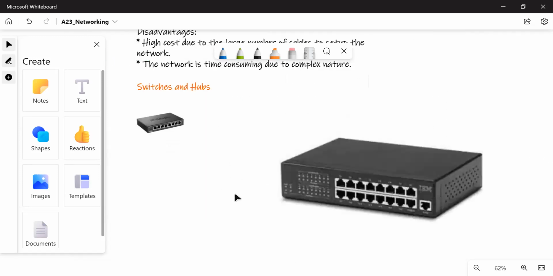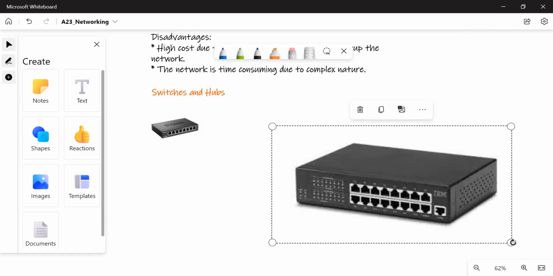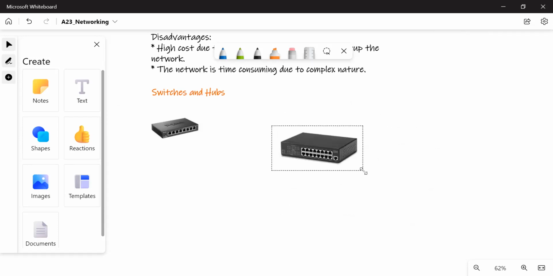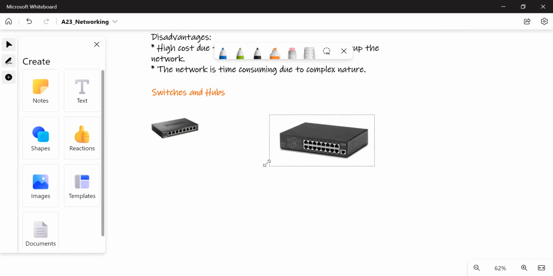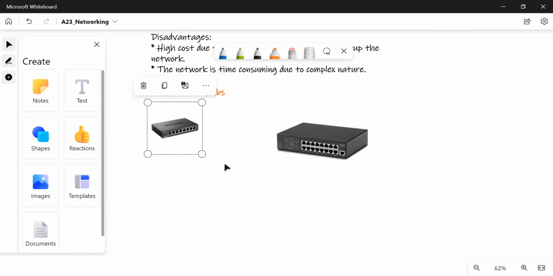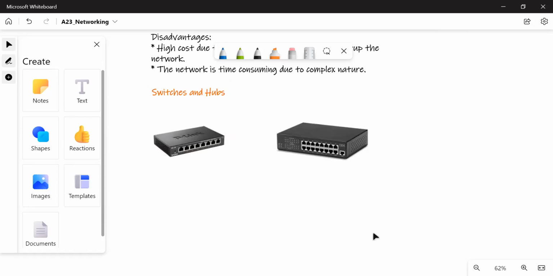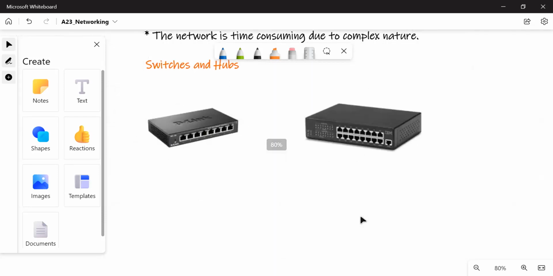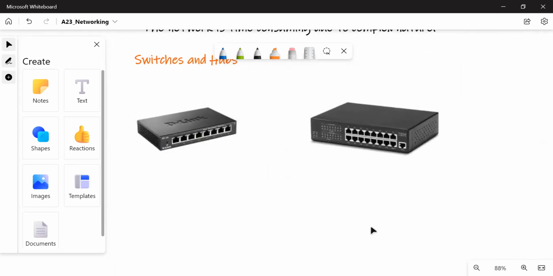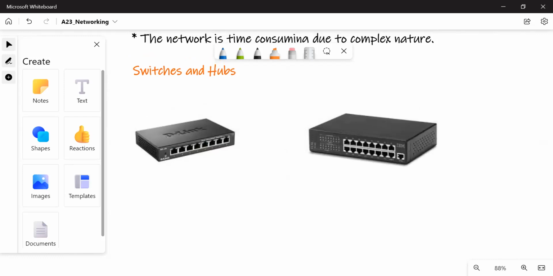So here you can see a switch again looks very similar, but you will also see that the number of connections are different, right? But how they work is something that we need to discuss.